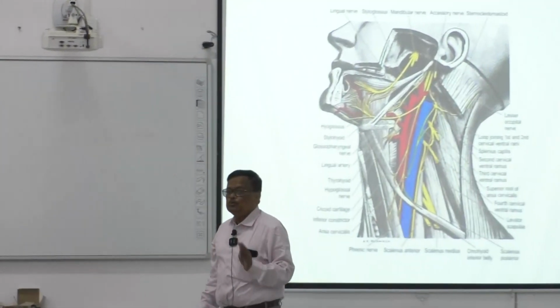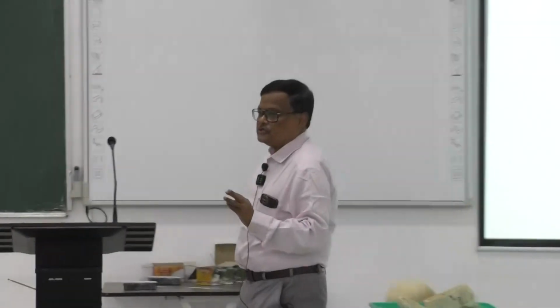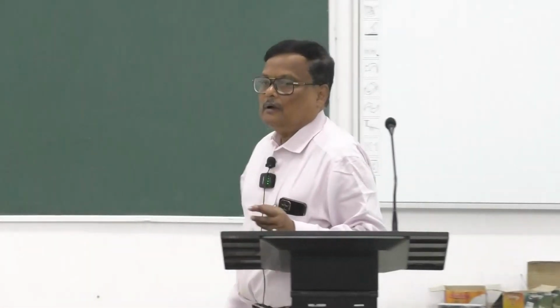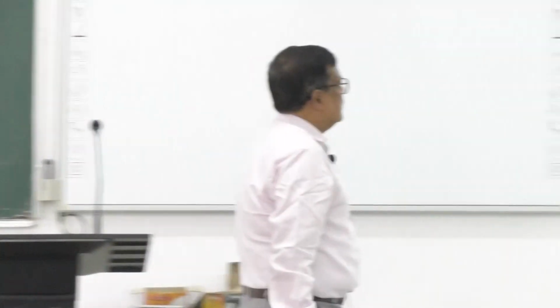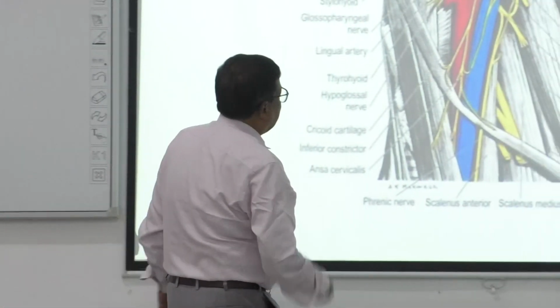Deep bones: mastoid process, the most important bony landmark, and upper part of the mesenteric.